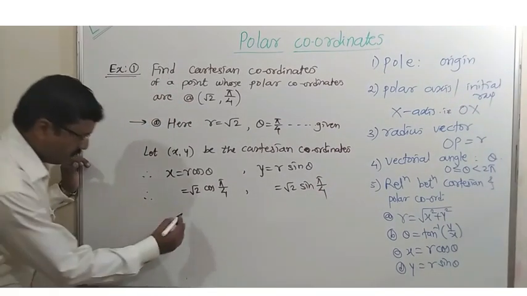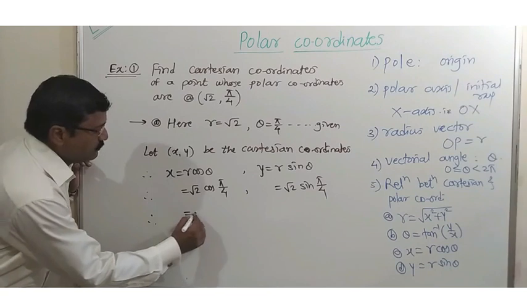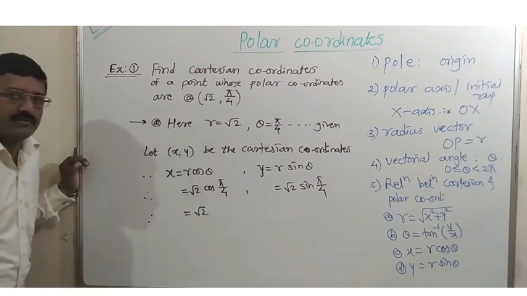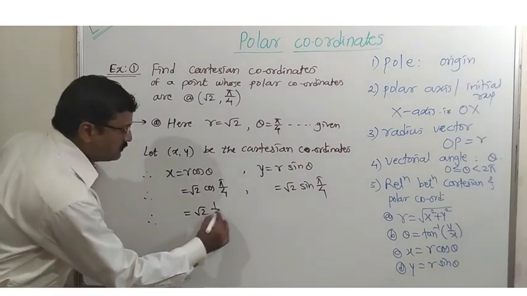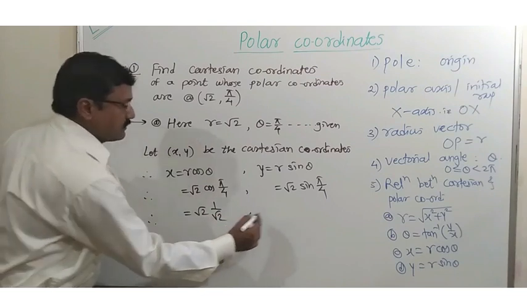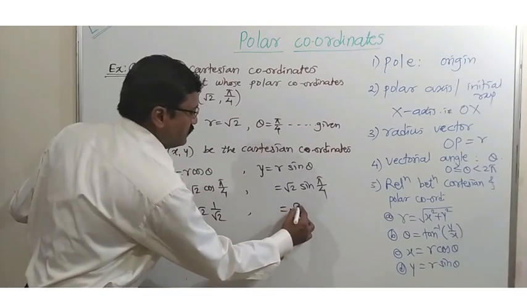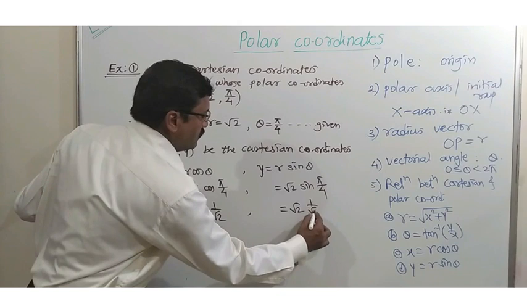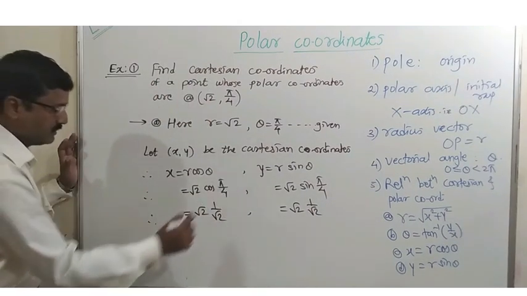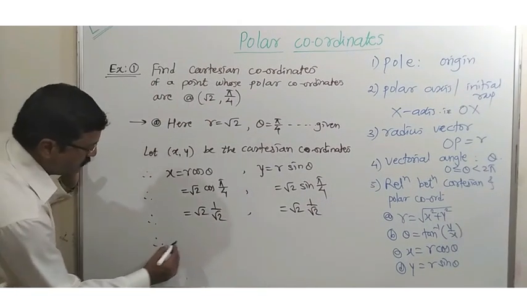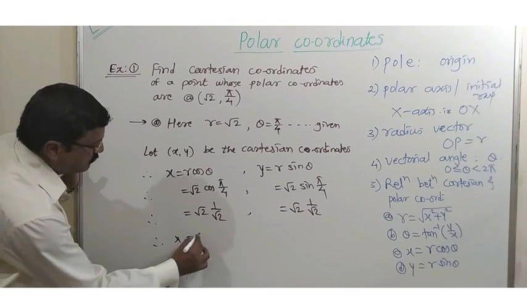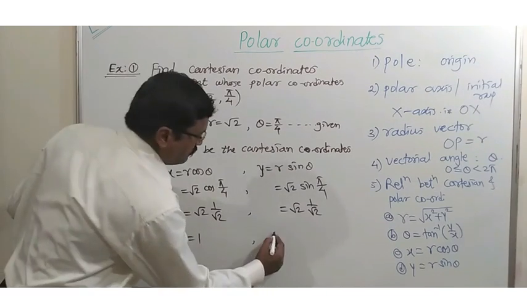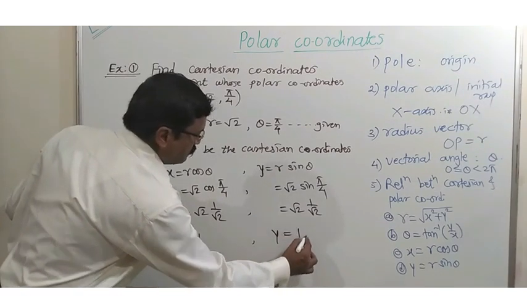Okay, it's very simple. Therefore, it is equal to root 2 into cos pi by 4 is 1 upon root 2 and sin pi by 4 is also 1 upon root 2. So root 2 both get cancelled. So here we get x equal to 1 and here also we get y equal to 1.